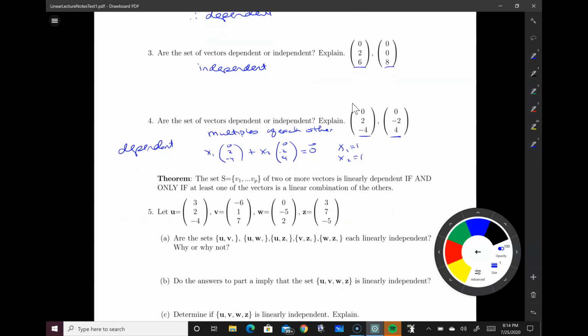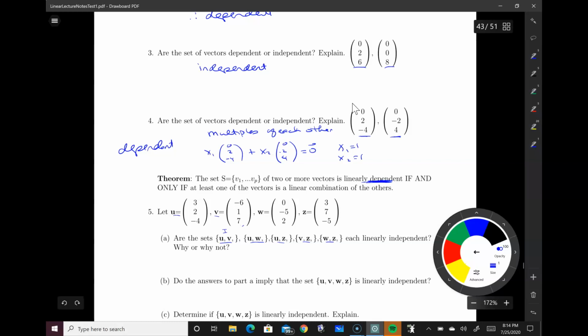All right. So if I'm looking at a set of vectors, a set of 2 or more vectors, they're called linearly dependent if at least one of the vectors is a linear combination of the others. So that might lead you to think, oh, I know, I'll just check to see if each of the pairs are related to each other. So if I'm looking at the vectors u and v, neither is a zero vector, they're not multiples of each other, so this set of 2 is independent.